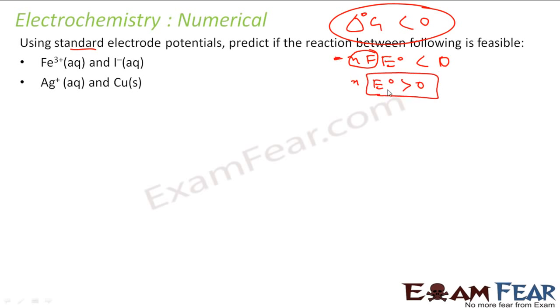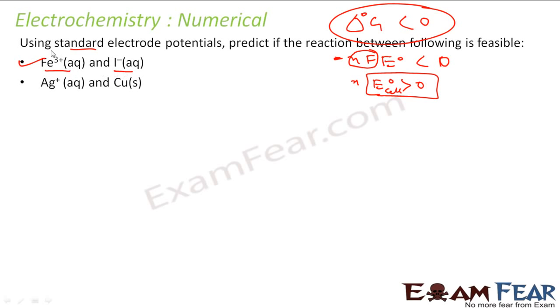E0 is nothing but E0 of cell. So if I can just find the E0 of the cell, which you get from these electrodes, and that is positive, that means the reaction is feasible. That's true also, right? If the electrode potential of a cell is positive, that means that will work, right? So in this case, I have Fe3+ and I minus.